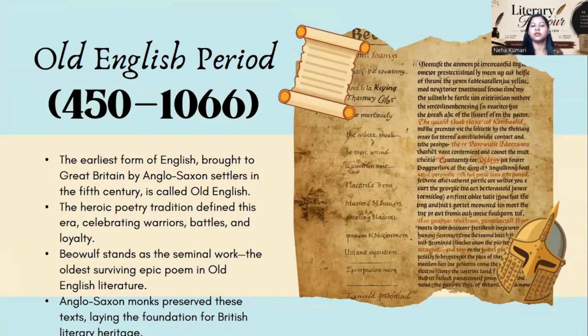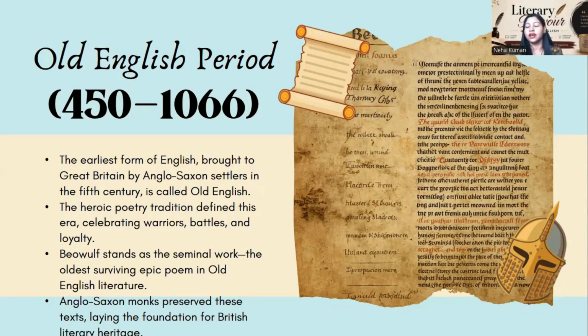We know that the first major literary period is the Old English or Anglo-Saxon period, which extends approximately from 450 to 1066 AD. Now, this was an age dominated by the tribal kingdoms, warrior culture, and heroic values. Literature was primarily oral in nature and was recited by bards and storytellers.